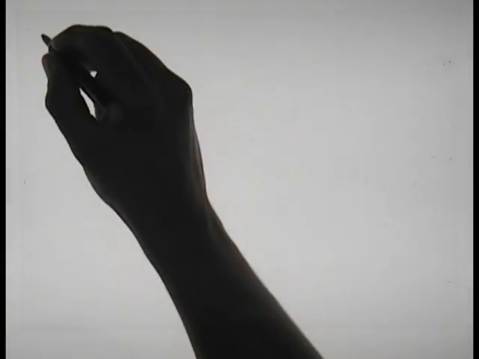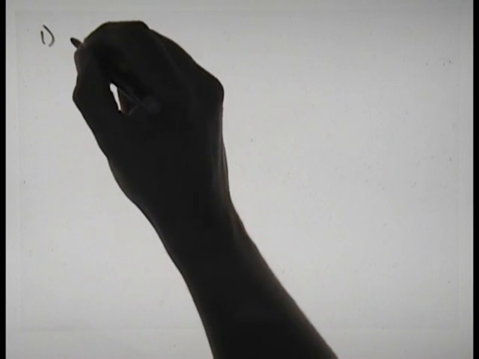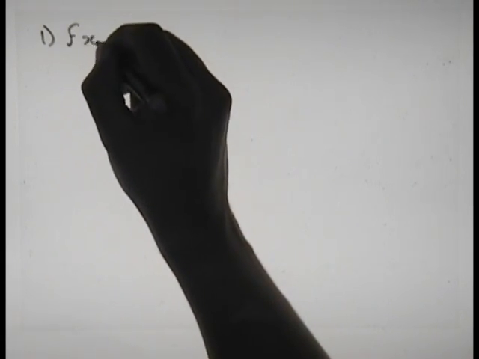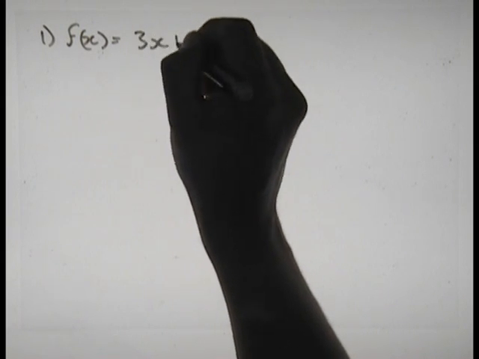The first two I gave you to do, I wanted you to differentiate using first principles. Let us have a look at that. Number 1 reads, f of x is equal to 3x plus 4.